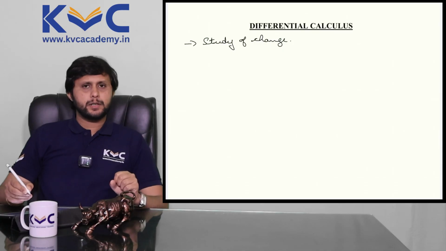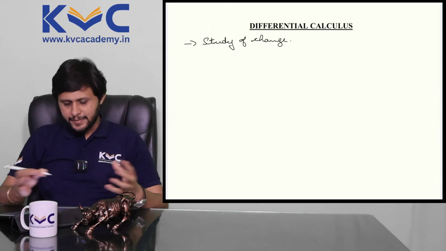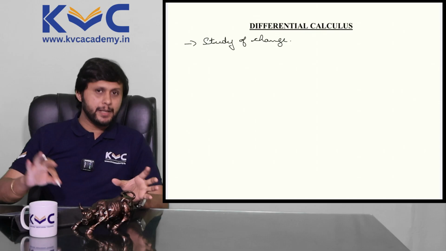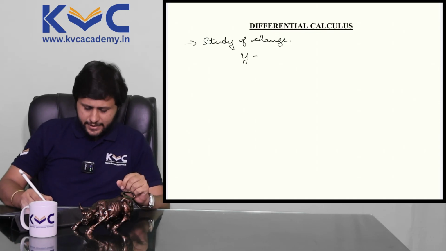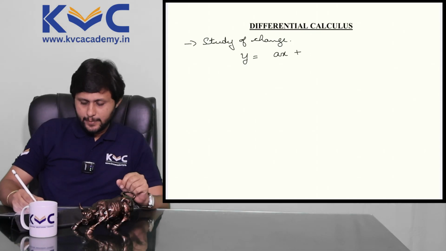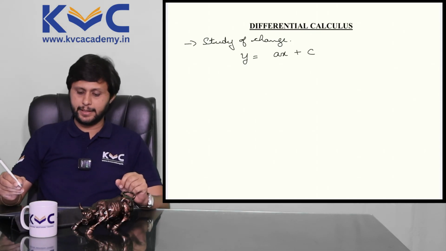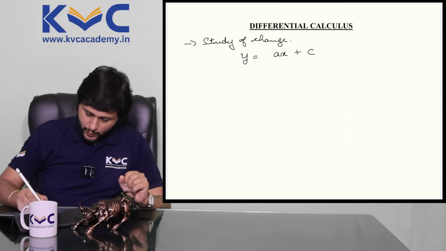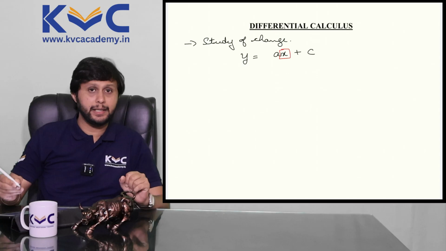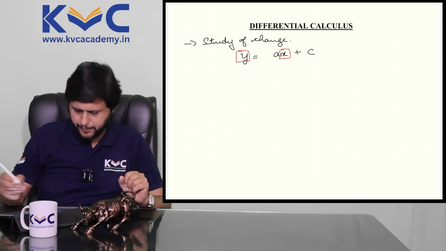In functions, also I was speaking something related to independent variable, dependent variable. Let's write down the standard form. Let's write y is equal to ax plus c. Correct? So here we have two variables. We have x, and we have y.